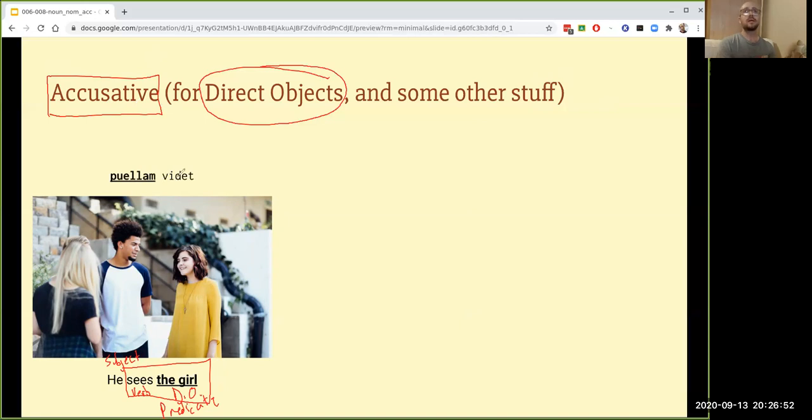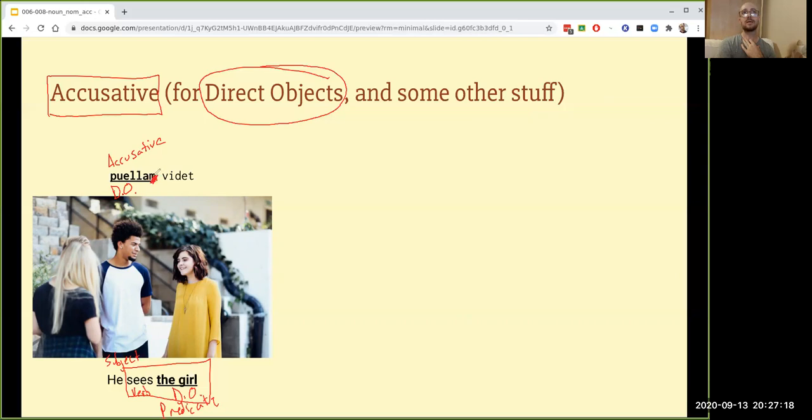So here we see that we don't actually have to express the subject. If it's he in Latin, we can just leave that out. We've got puellam, which is in the accusative case. And so we know it's the direct object. You might remember from the previous slide, when this word for girl in Latin is the subject, it doesn't sound like this.